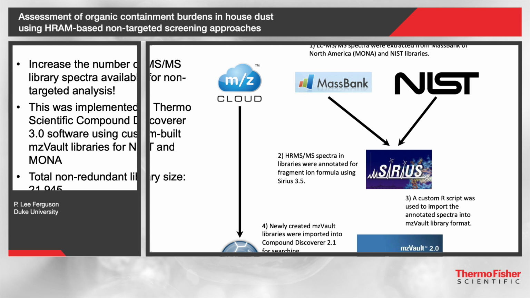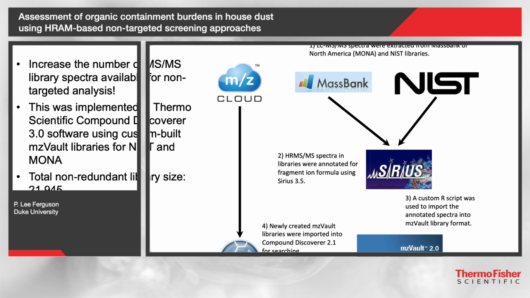So if we look at what we end up with, about 22,000 compounds. And this mzCloud number is basically an intersection. This is the number of unique compounds in each one of these databases, and these are the overlaps.